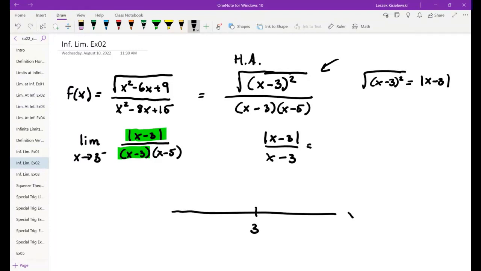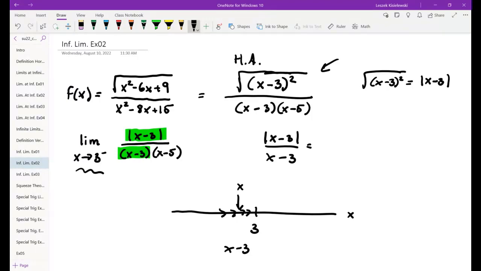So here's 3 on the number line. x is approaching 3, but from the left-hand side or negative side of the number line. So if x is to the left of 3, would you say x minus 3 is positive or negative? So x is to the left of 3.